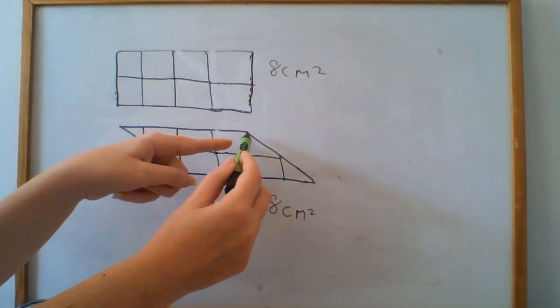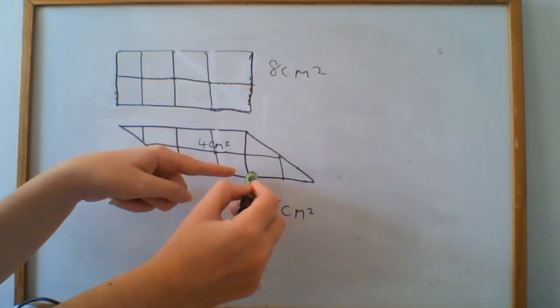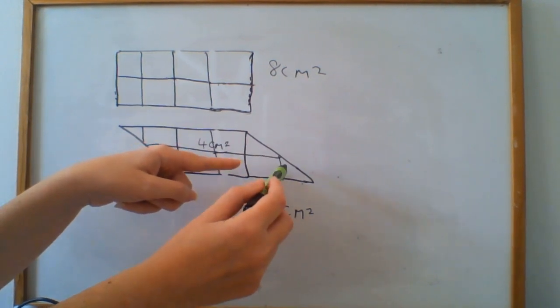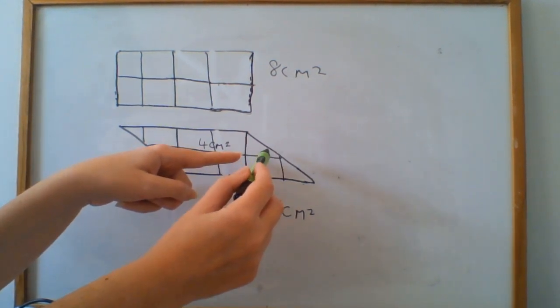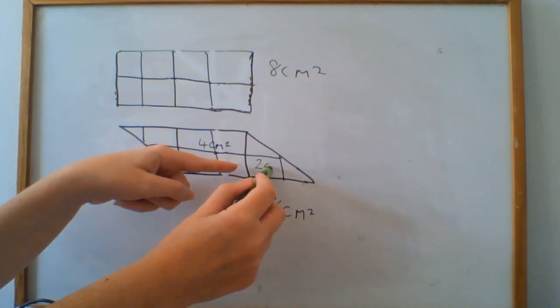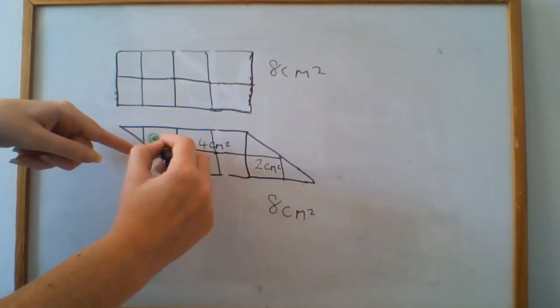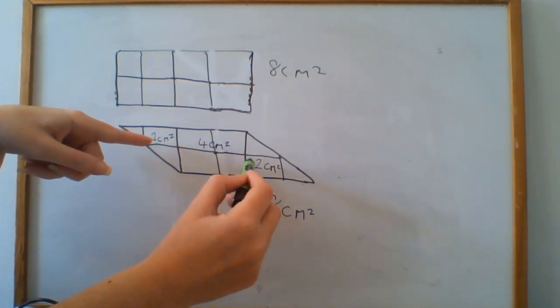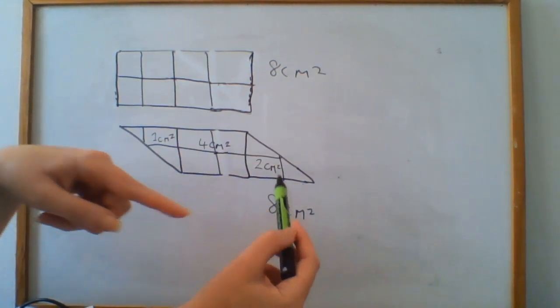I could remember my area of a triangle here and do half base times height, or base times height divided by 2. So this would be 2 times 2, 4 divided by 2 is 2. This triangle is exactly the same. And add them together, 4, 2 and 2 would get you the 8 centimetres squared.